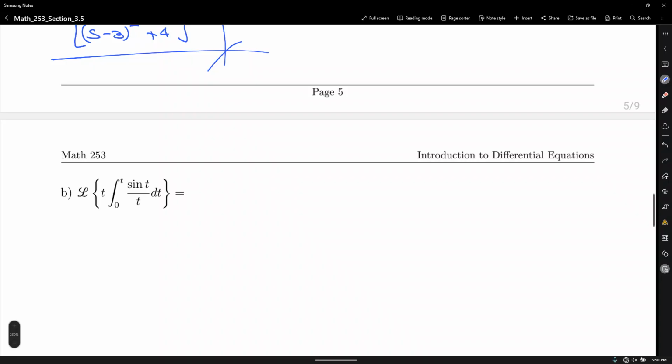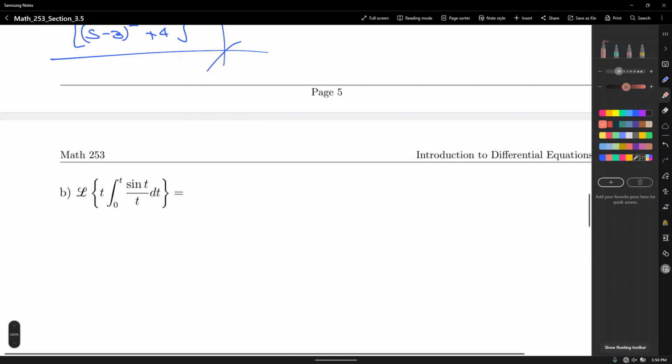So number one, what does the first t right here remind us of? The derivative, right? So forget t, provided you differentiate. Negative d/ds times the Laplace transform of the integral from 0 to t of sine t over t dt.